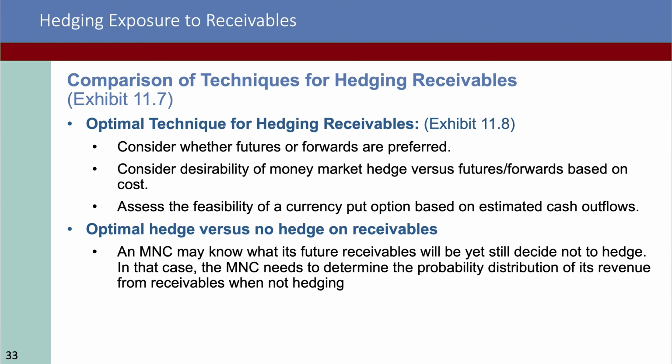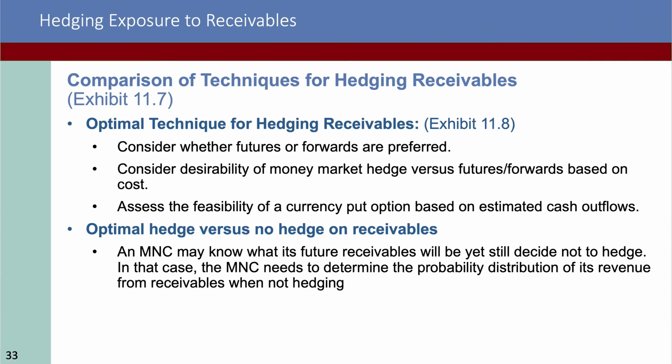The margin is only part of it. It provides high leverage, right? The preferred. It's relatively cheap. But if you're using the futures option, you have potential huge loss, right? If the price moves against you. Consider the desirability of a money market hedge versus a futures or forward hedge. Do you have a good relationship with a local bank or with a foreign bank, etc.?